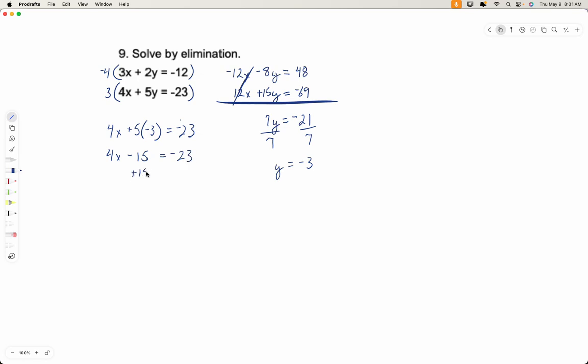Add 15 to both sides. This cancels. 4x is equal to 8. So if I divide both sides by 4, x is equal to 2. So the answer is 2 and -3. That's how you should answer that problem, as a point.